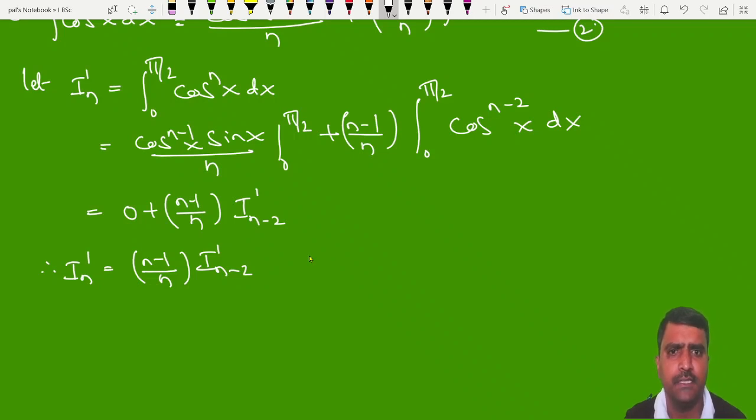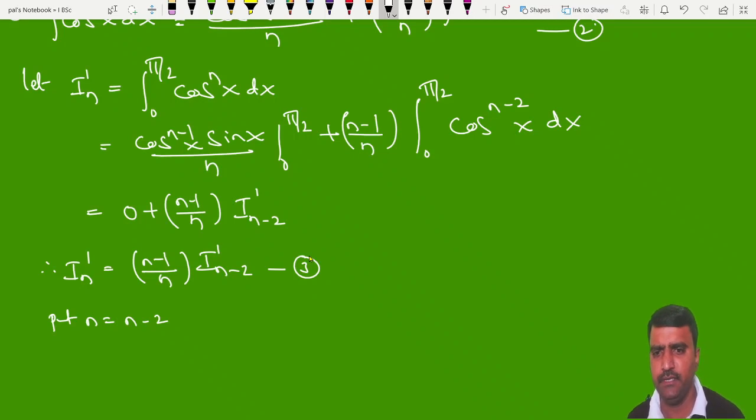Again, by using this expression 3, find I n minus 2 dash. So it is easy. Put n is equal to n minus 2 in the above expression. If you put n is equal to n minus 2 here, then what does it give?